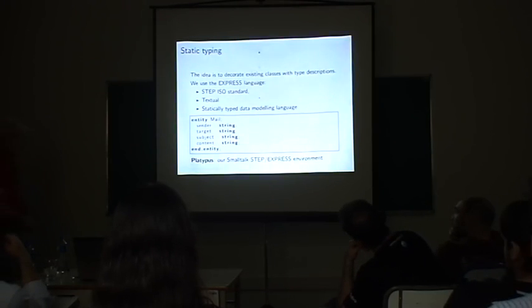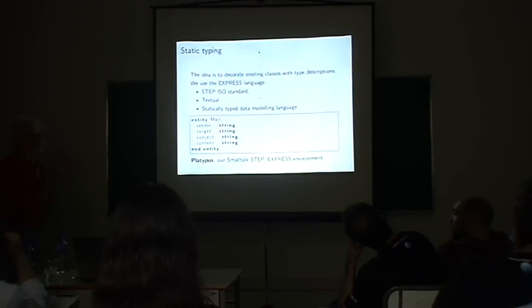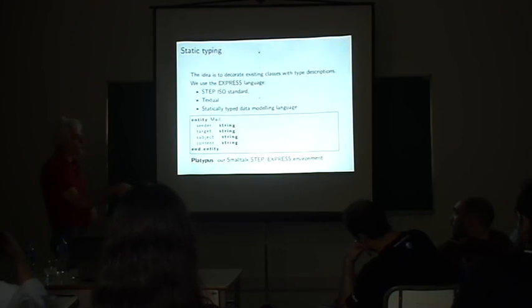Express is a STEP ISO standard, a language of the STEP standard, which was defined to allow the definition of exchange components between systems. In fact, this model describes what you want to exchange. So for mail, you want to exchange the sender, the target, the subject, and the content. And of course, you have to indicate the type of each element.